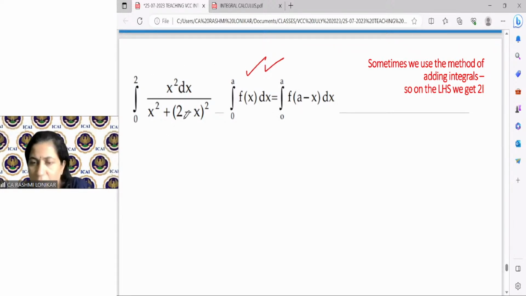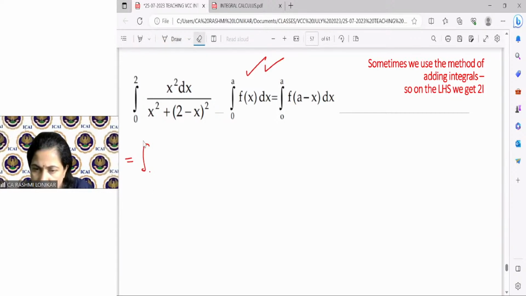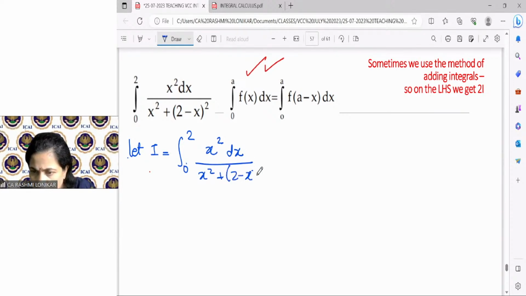Okay, let I be equal to integral 0 to 2 x square dx upon x square plus 2 minus x the whole square. Okay, use the property above.